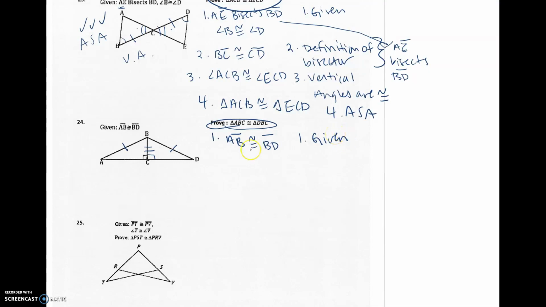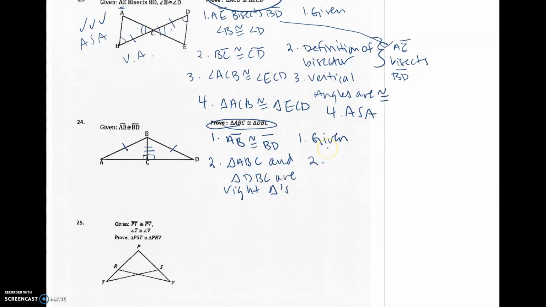What I would say next here is that triangle ABC and triangle DBC are right triangles.